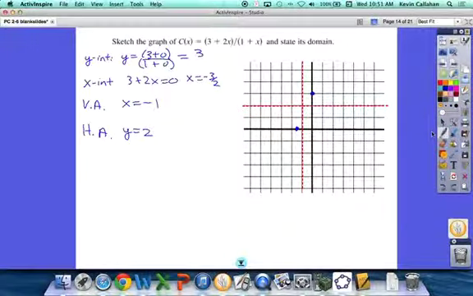Sketch the graph. Oh, no, we're not ready to do that yet. Now we've got to fill in a few points. Okay, let's see. The difference between that point and that is so close, I'm not going to pick a point in between them. But let's pick a point that's over here somewhere.